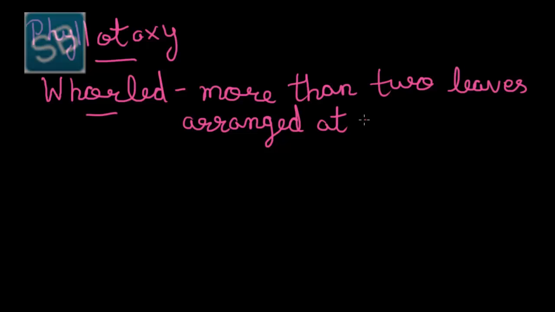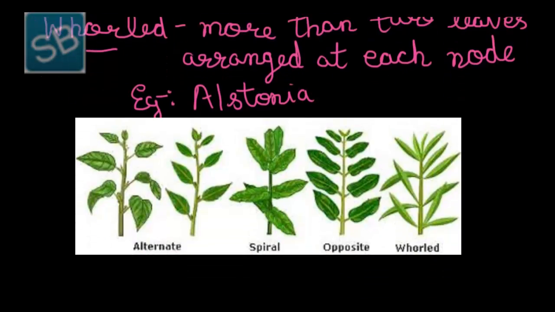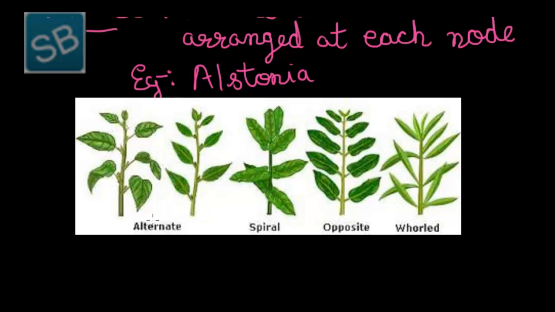Such a type of arrangement is known as whorled type of arrangement. Example, Alstonia. Such a figure represents the types of phyllotaxy.